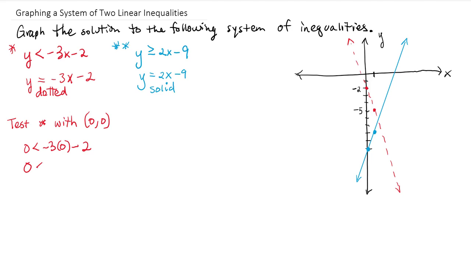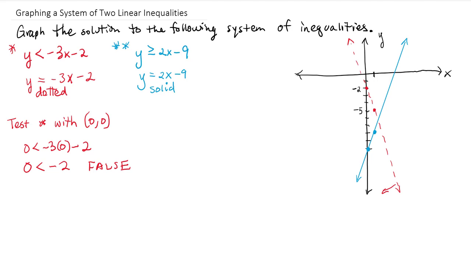What does that mean? 0 is less than negative 2? Really? I don't think so. So we say it's false. And that means we do not shade 0, 0. We do not shade 0, 0 because we have a false inequality. In fact, we're going to shade away from 0, 0.